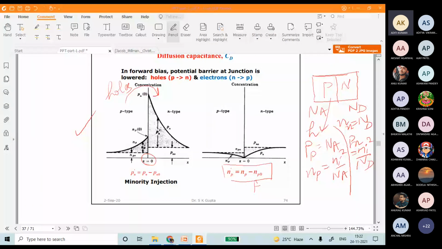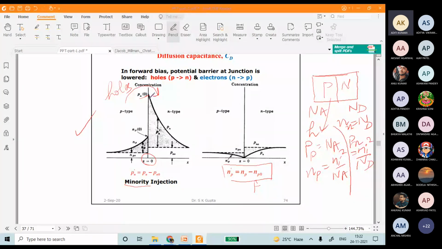So the hole concentration at x equal to 0 is given by P sub n 0. Okay. P sub n means these holes from the P side are injected into the N side, and as soon as they enter the N side, they become minority charge carriers. That's why we write here minority injection.